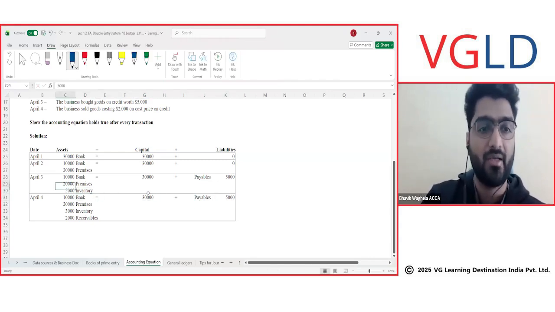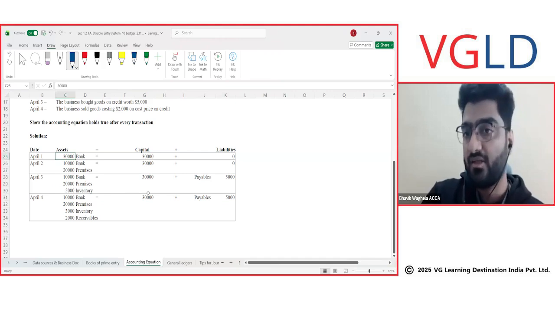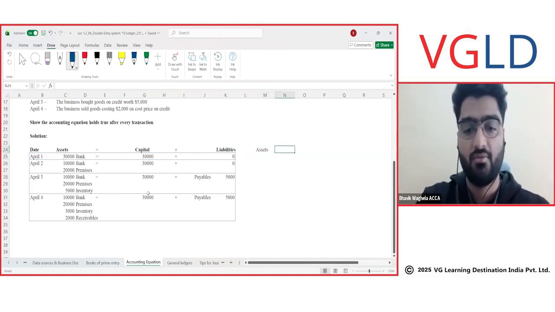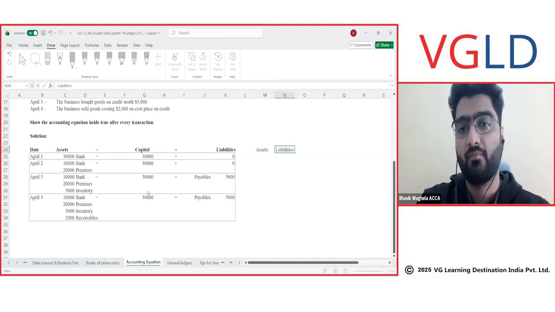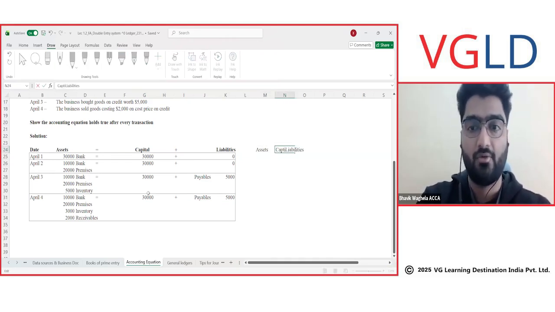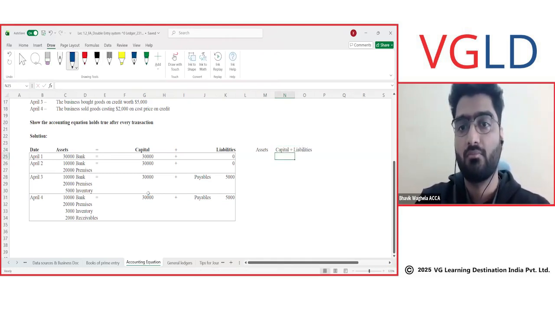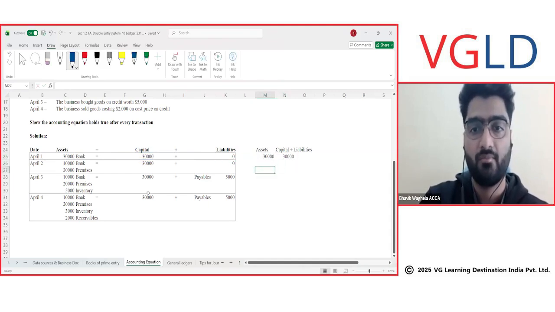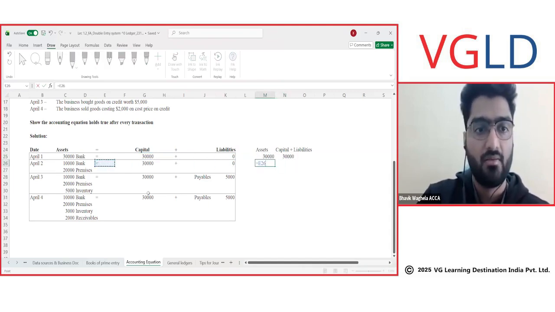Now, at any point of time, at any date you take, assets equal capital plus liabilities. I'll just summarize it. On April 1, assets are 30,000, capital plus liabilities is 30,000 plus 0. On 2nd April, assets 30,000, capital plus liabilities 30,000.